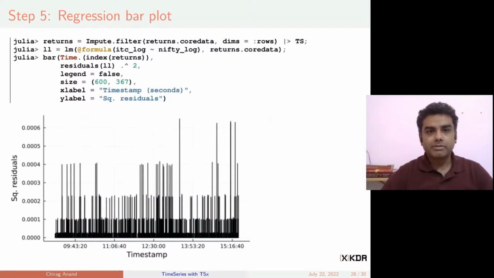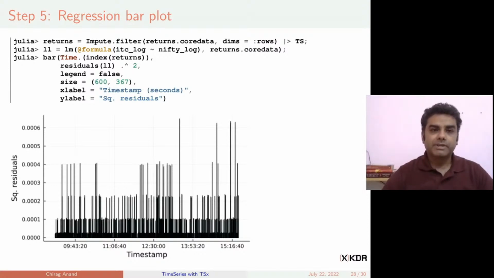This is the regression bar plot. Here we have first removed all the rows which contain missings using Impute.filter. Again, Impute.filter doesn't yet work on TS objects, but it works on data frames. So we are using the coredata property of returns, and we have specified dimension as the rows. The output of Impute.filter has been converted into a TS object.